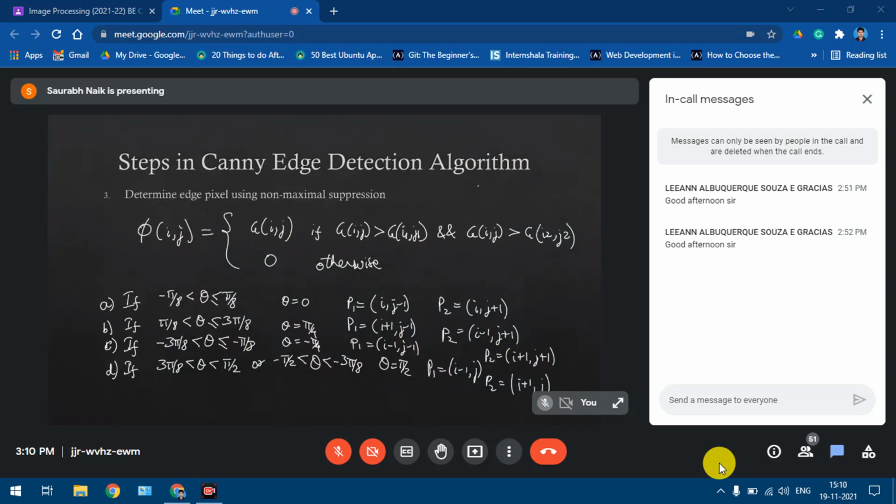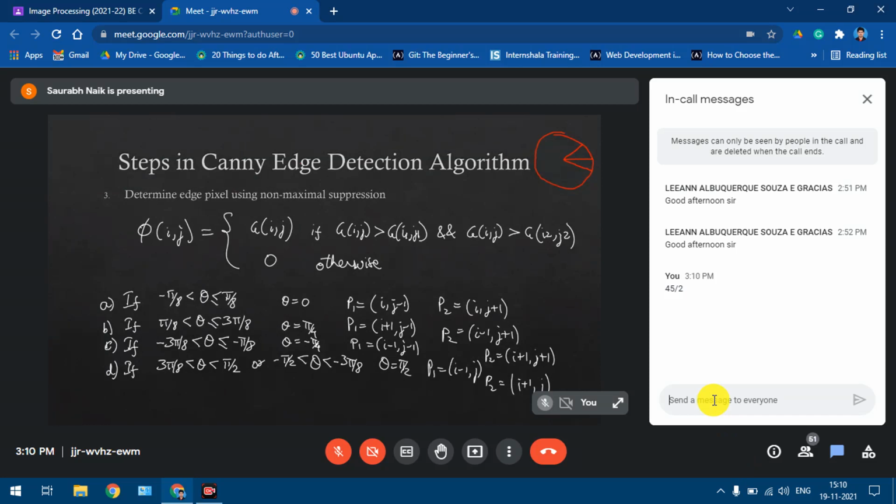So if this gradient angle lies between minus pi by 8 and pi by 8, and if you are having difficulty understanding what pi by 8 is, I think it comes to about 45. I'm not particularly sure, just check. 360 divided by 8, yes, 45.